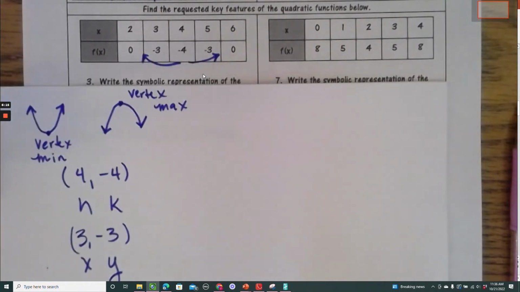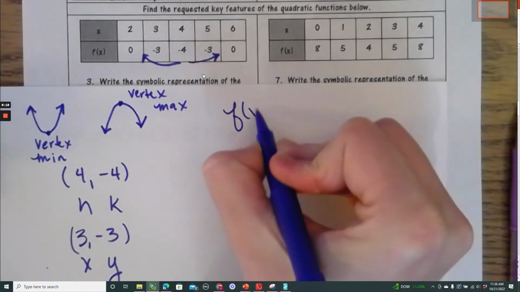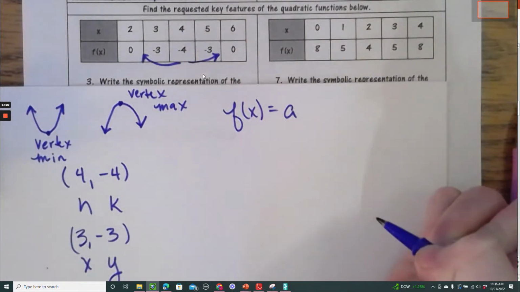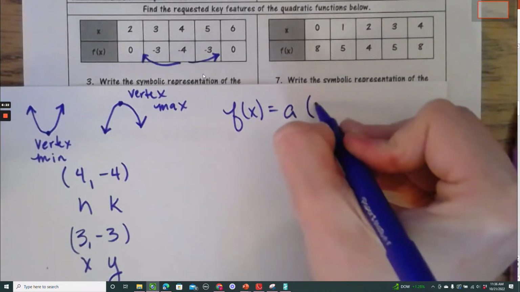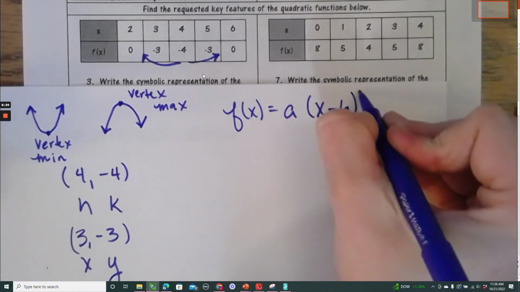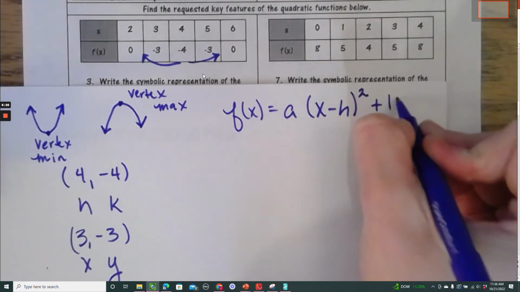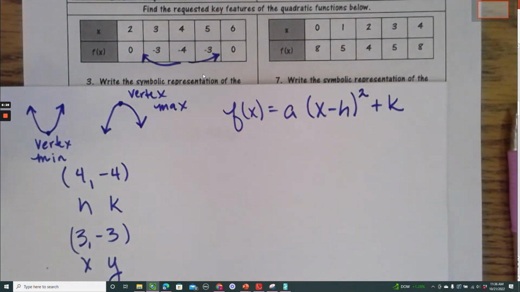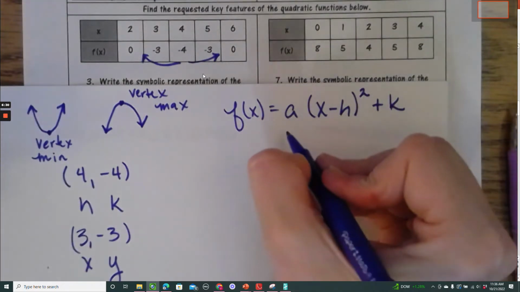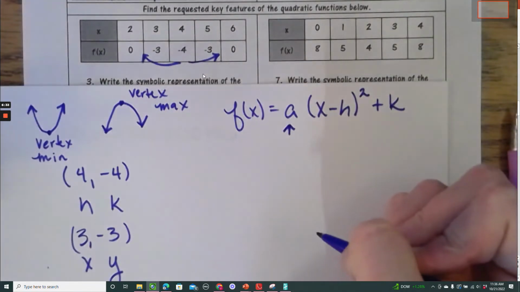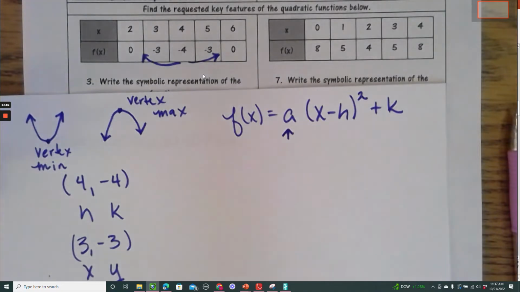So vertex form is f of x equals a times (x minus h) squared plus k. What I can use this for is to find my a value first, and then I can use that to find the whole equation.